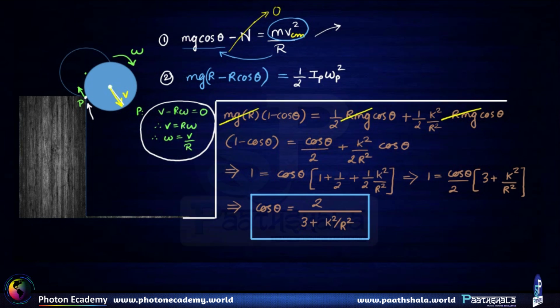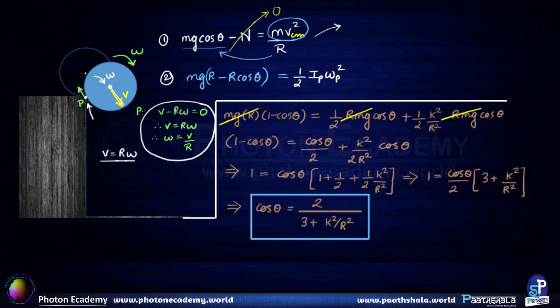So v minus R omega is going to be 0. If this is omega about point P, then the velocity of the center v is going to be given as R omega simply. So this relation about the point P still persists. So omega about the point P is simply going to be omega about center of mass, so I'll just replace that with just an omega.